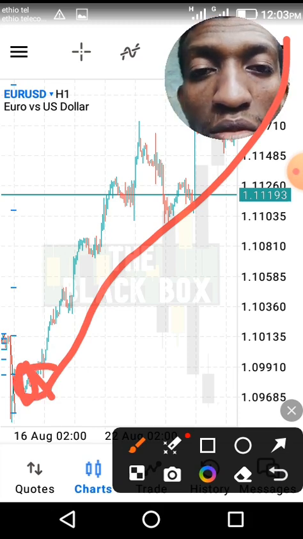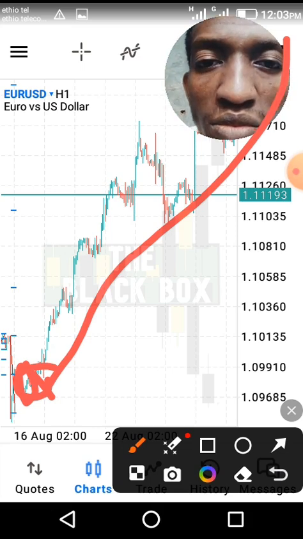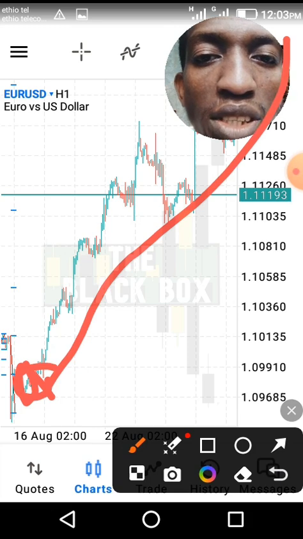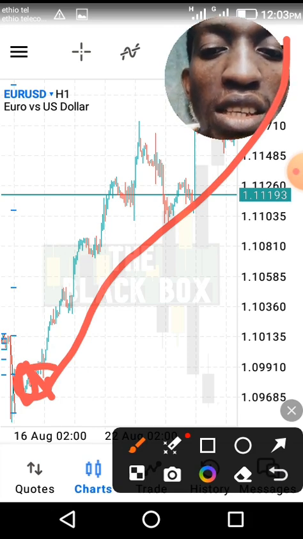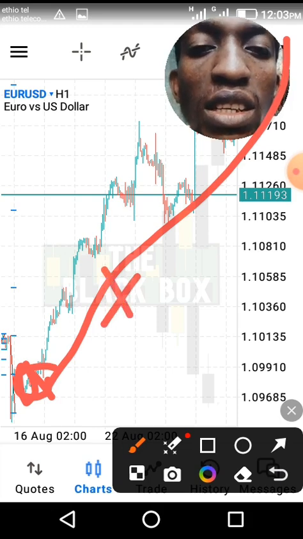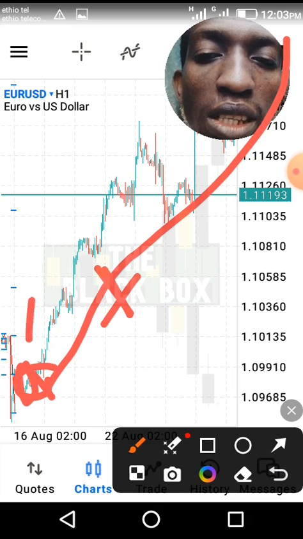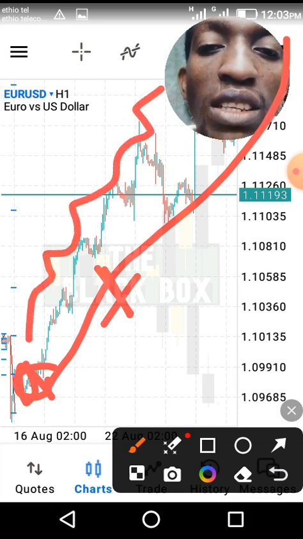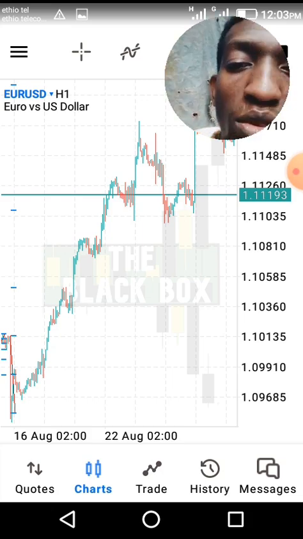At the possible bottom area, using the black box, I bought it. But due to fear, once I made the money, once it hit TP2 and TP3, I closed the other trade. What if I let that run, bro? That's 100% return or more. It was a crazy run, bro.